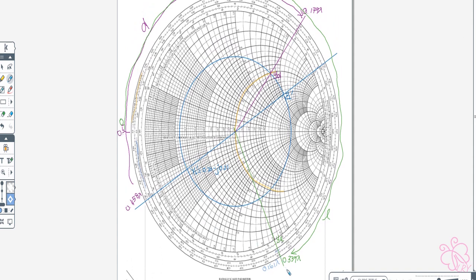So you start from here, 0.161 lambda, and move anticlockwise up until Y open circuit here. It's not 0 anymore, but 0.5 lambda.